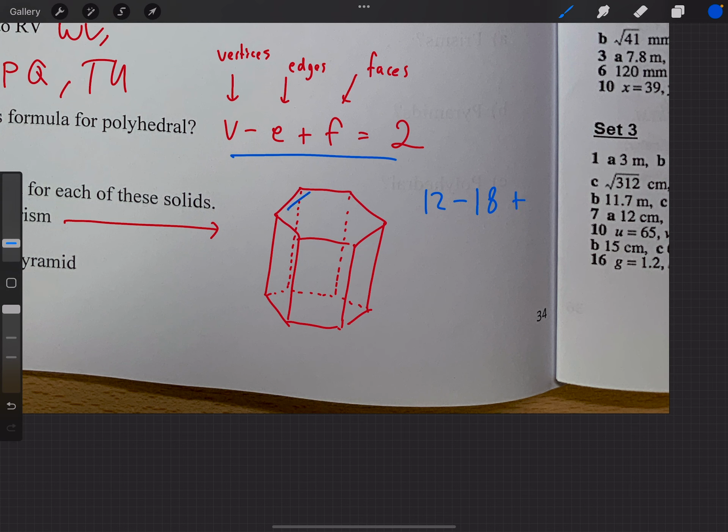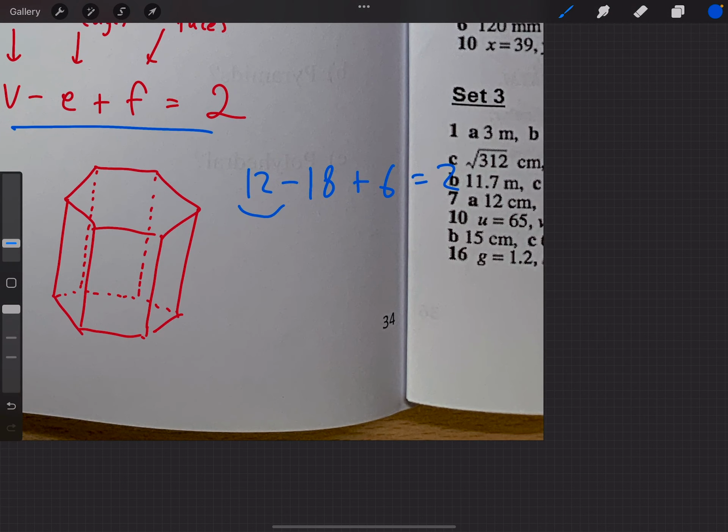How many faces we got? We got 1 top, 1 bottom, that's 2. And we got 6 on the side, 1, 2, 3, 4, 5, 6. Alright, let's see if it's equal to 2.